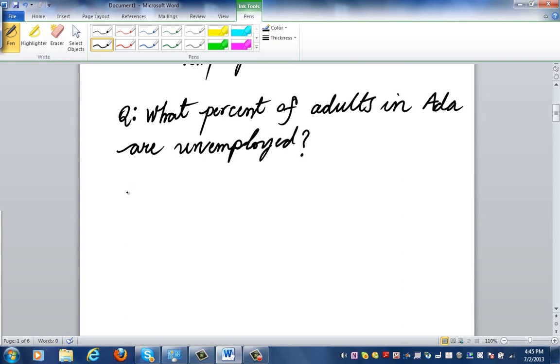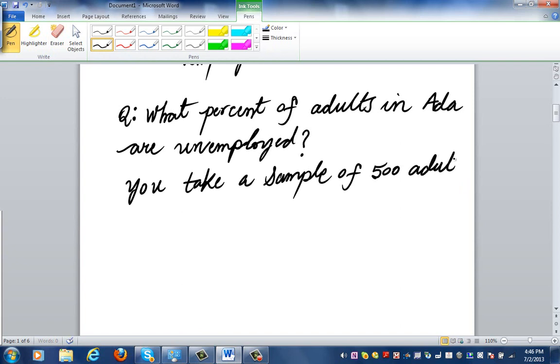So you take a sample of 500 adults to survey about their employment status.